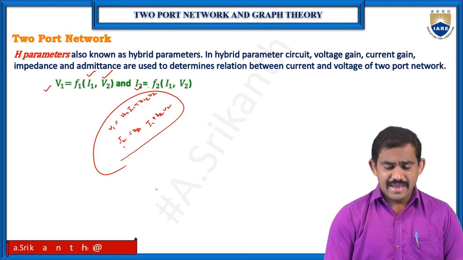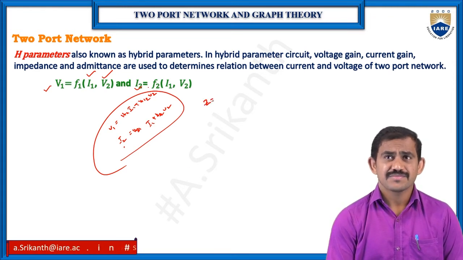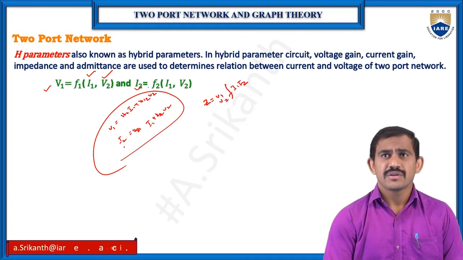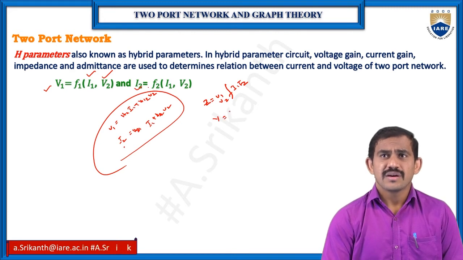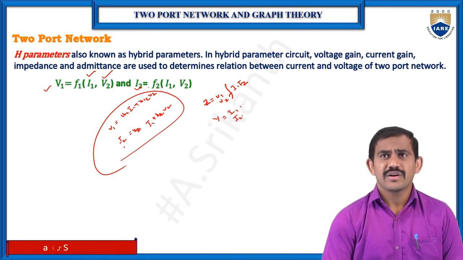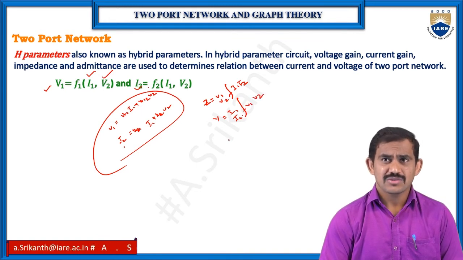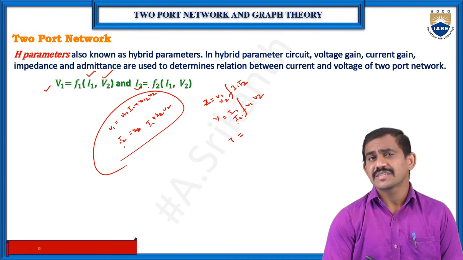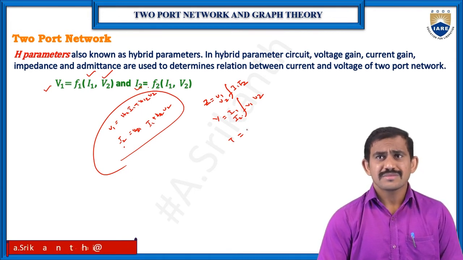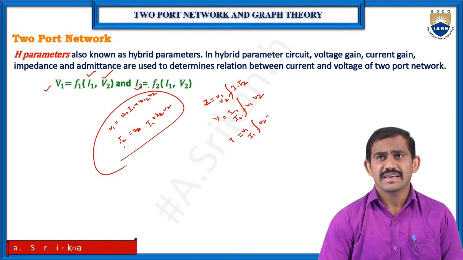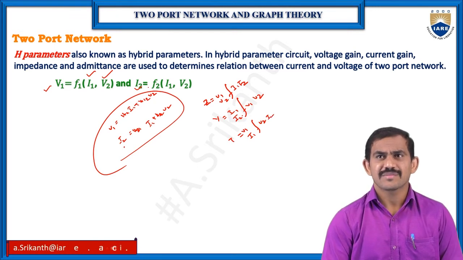Actually, Z parameters are V1 and V2 in form of I1 and I2. And Y parameters are I1 and I2 in form of V1 and V2. And ABCD parameters are transmission line parameters, where primary values V1 and I1 are in form of V2 and minus I2.